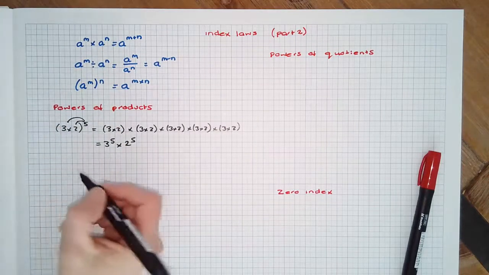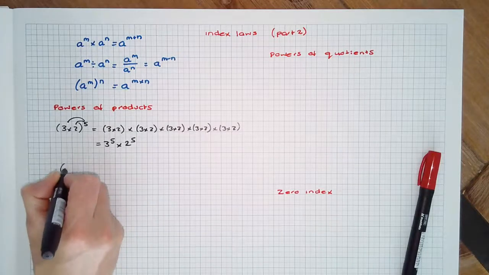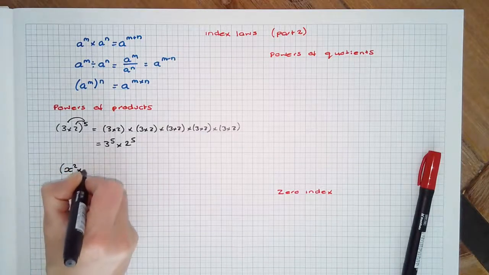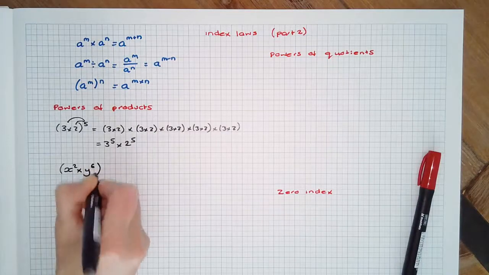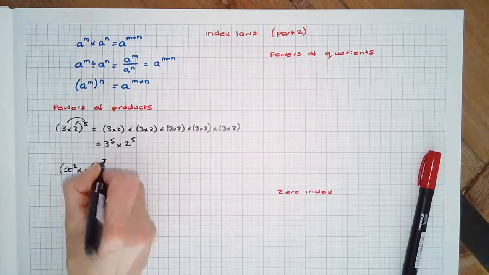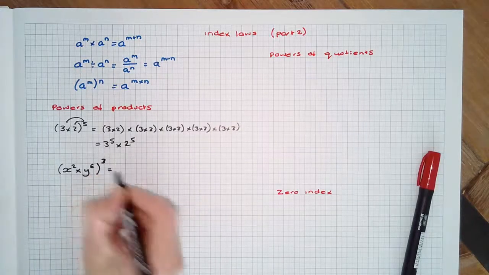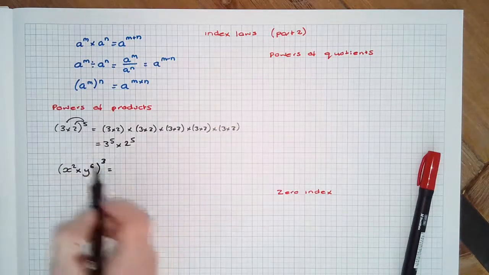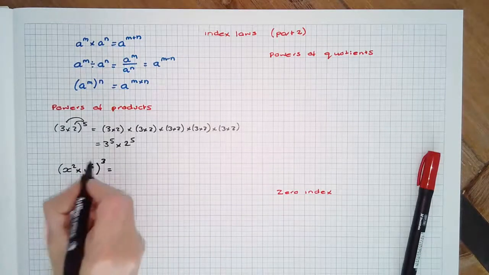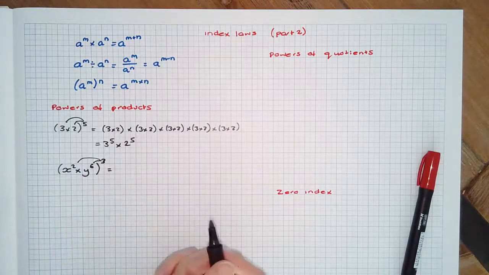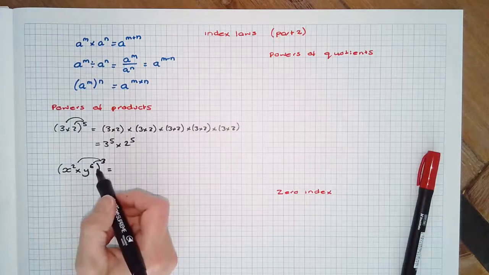Let's do another example with algebra. Suppose we have x squared times y to the power of 6, all to the power of 3. Now, note the multiplication sign may be omitted here. Noticing that we multiplied in, we actually find the product of the powers.